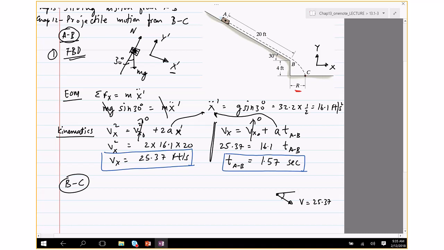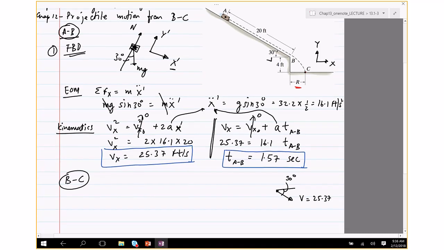I also know the angle, this is 30 degrees. So the angle made by the velocity with the horizontal is 30 degrees. I know that this is 4 feet and this R is unknown. I need to find where exactly the particle hits, or what that R is.